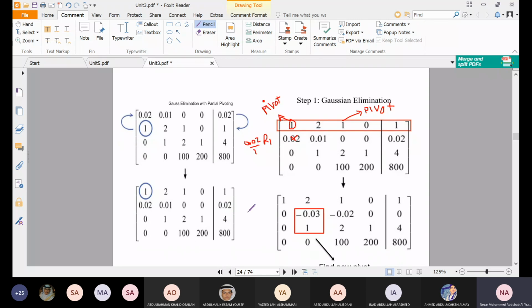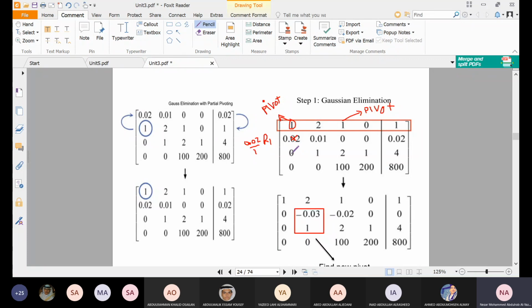If we do this, you will have changes in these coefficients. The first row will not change because this is the pivot. As a result, I will have changes in the coefficients in these rows. For example, this row number 1, this will change, this will change, like what we have here. After that, I will look at whether I need more elimination.